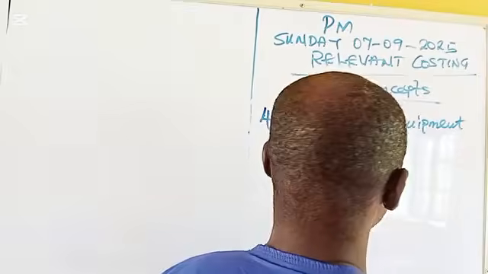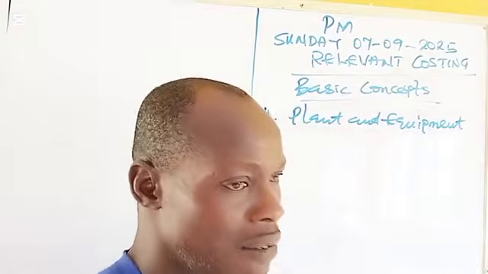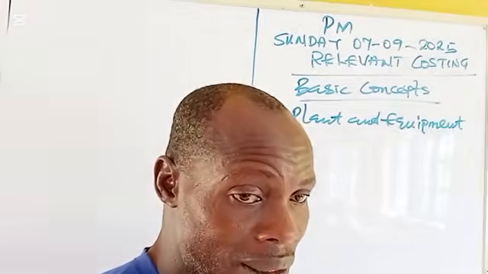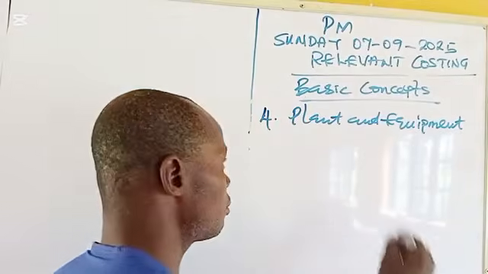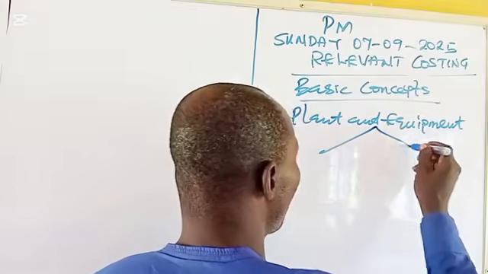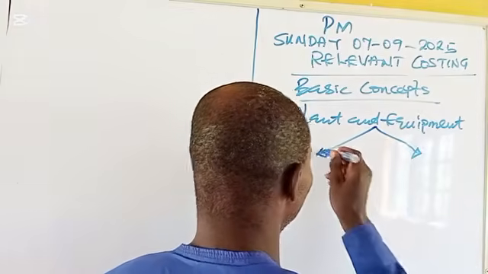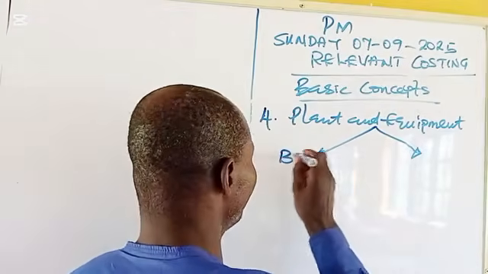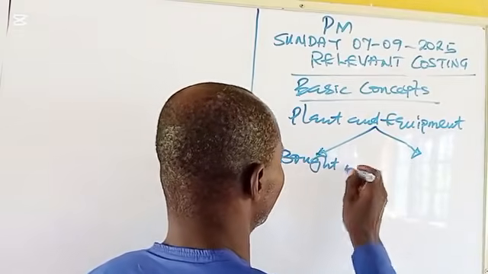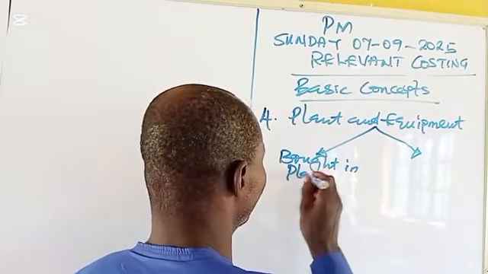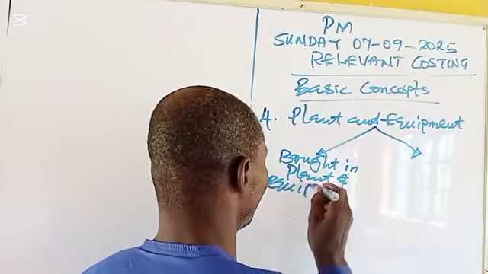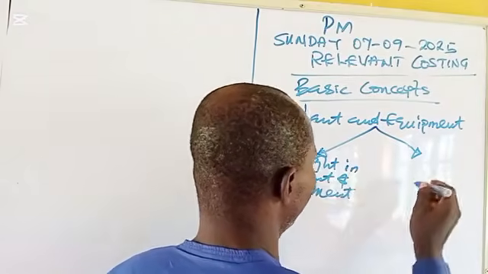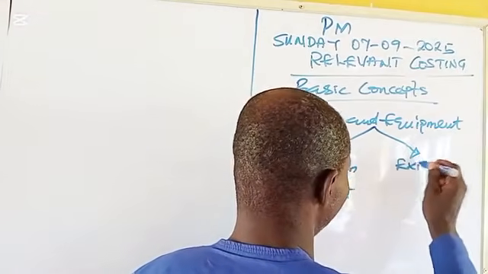We apply the same principle we've applied to materials to plant and equipment. So we will only categorize plant and equipment into two: bought-in plant and equipment, and existing plant and equipment.